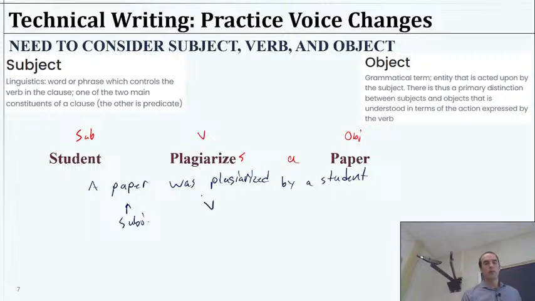This is still the verb here, but it's this passive verb. And the student kind of is no longer in play as the subject. That's not the object. It's no longer the subject. It's just this preposition, this add-on, right? It's kind of optional.